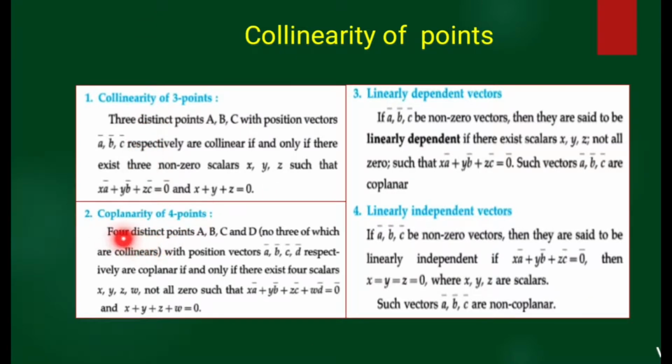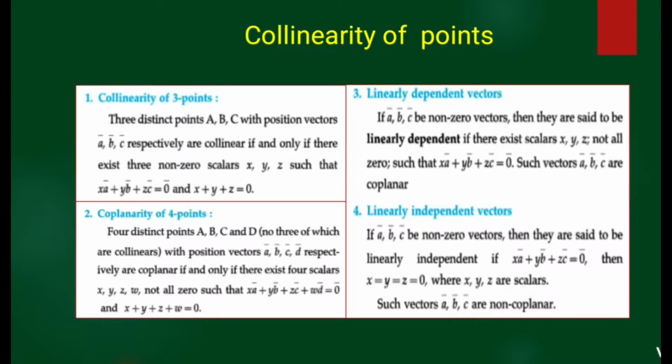Now see coplanarity of 4 points. 4 distinct points A, B, C and D, no 3 of which are collinear. While writing the proof of 3 coplanar vectors, we consider 2 cases. In the first case, 2 vectors are collinear.